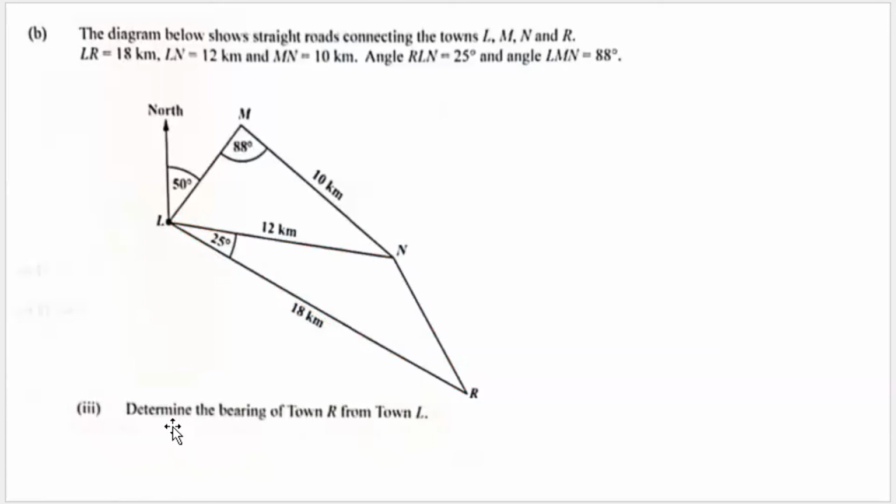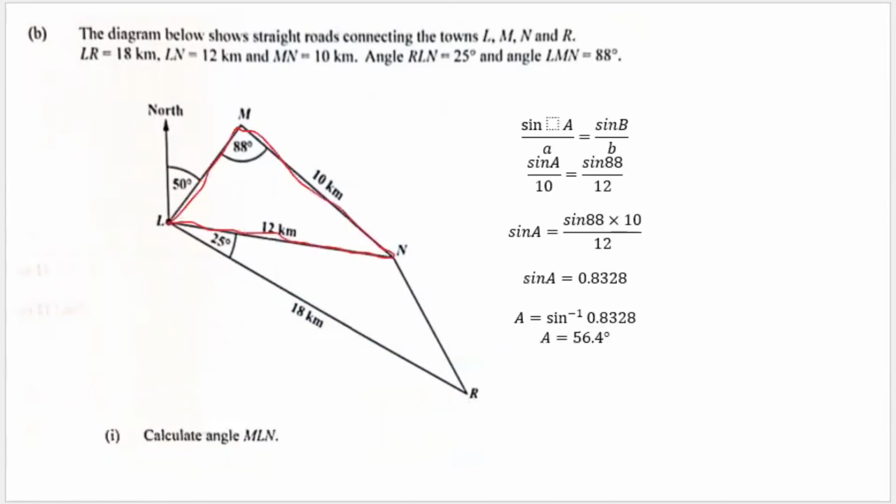Part 3 now wants us to determine the bearing of R from L. So basically we're just adding the degrees that move from here to here. We know the missing angle here because we calculated it to be 56.4, remember, using the sine rule in part 1 of the question.